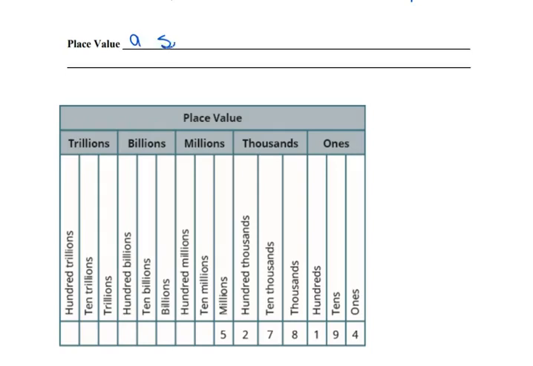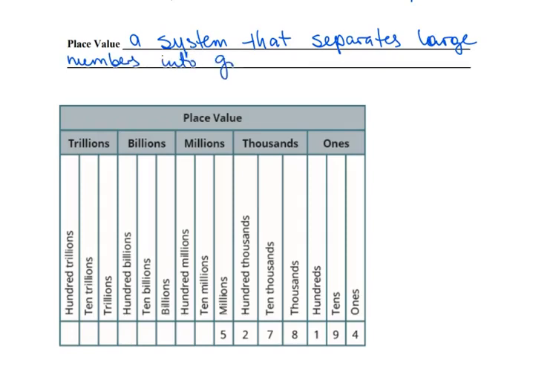So a system that separates large numbers into groups of 3 and names those with the value name.